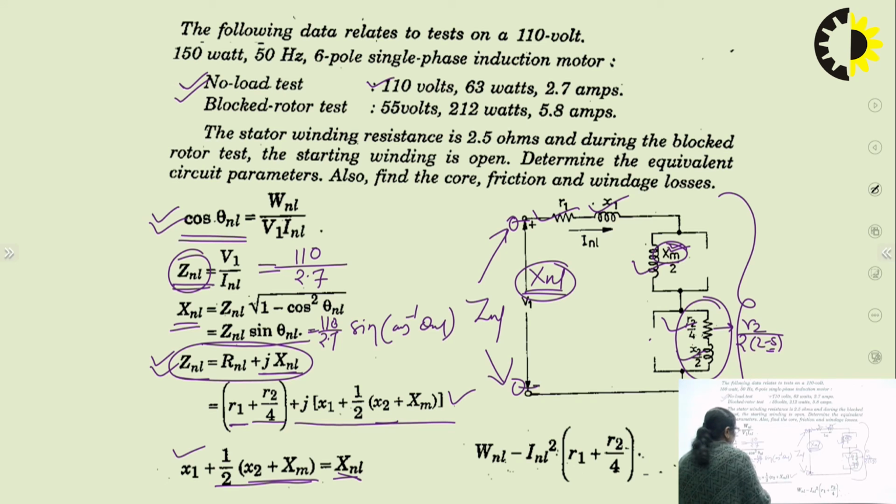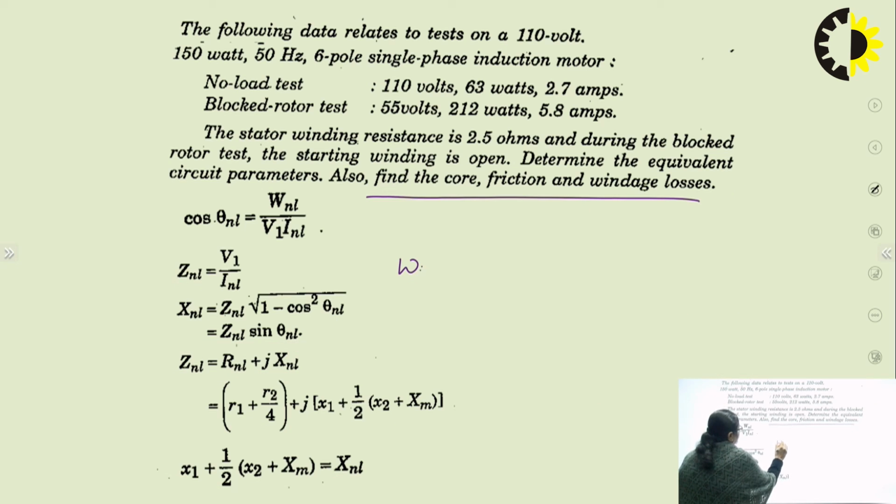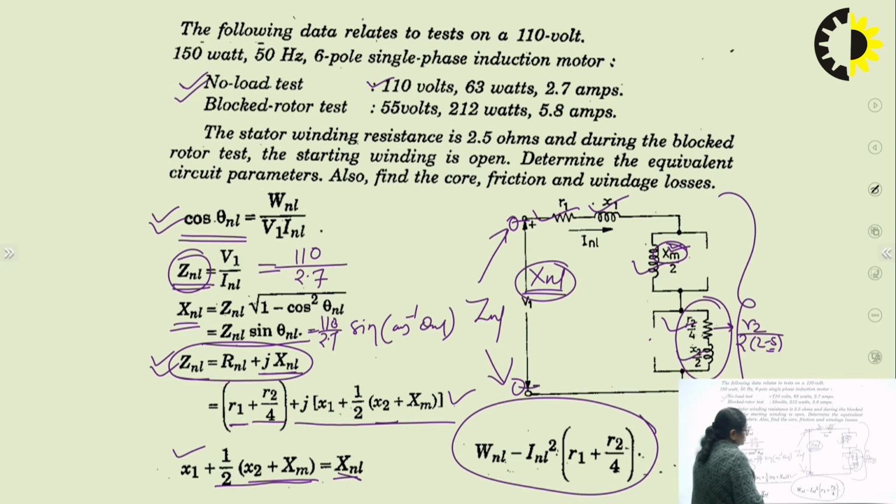One more thing that was required to calculate in the question was the core friction and windage loss. So, the core friction and windage losses can be determined using WNL, let me show you here. If we subtract the I square R loss taking place during the no load test from the total power taken by the motor from the supply, we will get the constant losses.